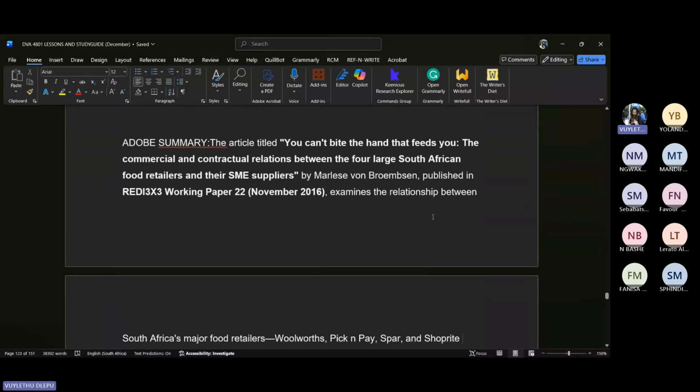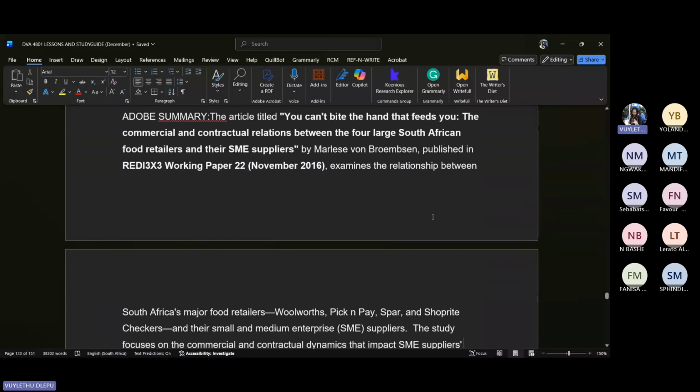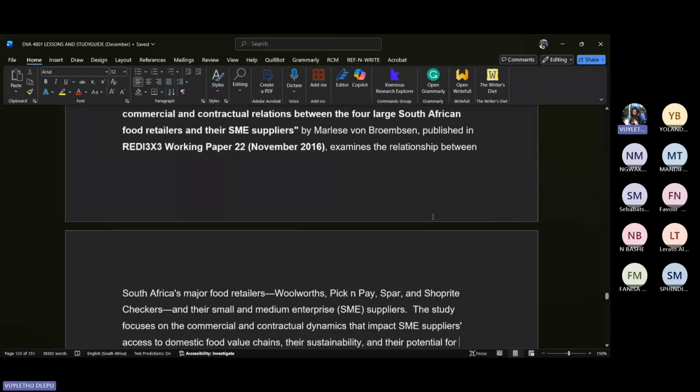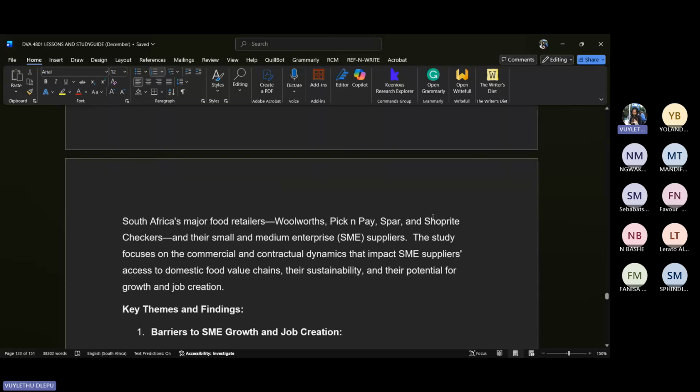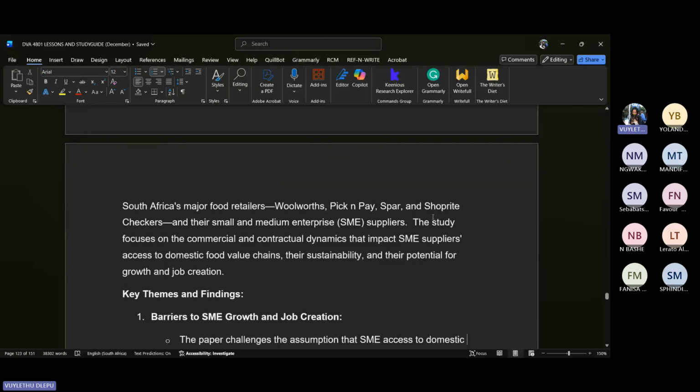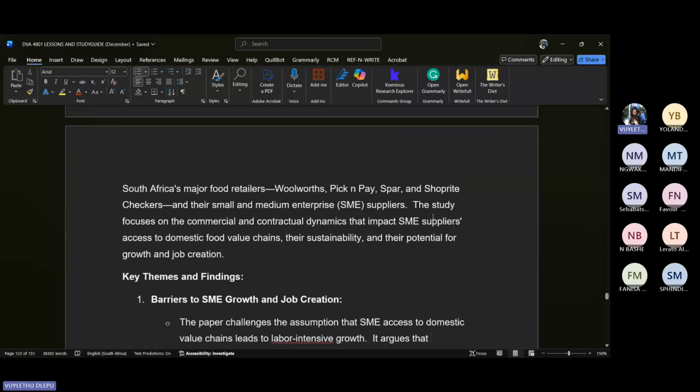So the summary of this whole article, or the sections we're supposed to read, examines the relationship between South Africa's major food retailers, Woolworths, Pick n Pay, Spar, Shoprite and Checkers, and their small and medium enterprise suppliers. This study focuses on commercial and contractual dynamics that impact SME suppliers' access to domestic food value chains, their sustainability, and their potential for growth and job creation.